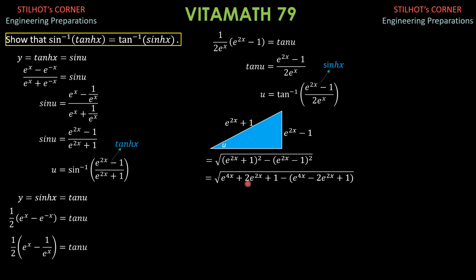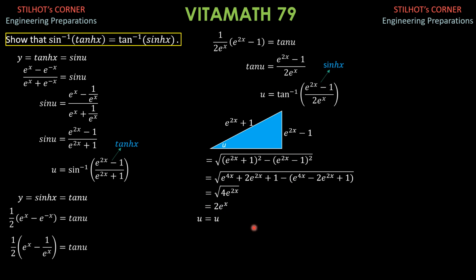We can only combine 2e to the 2x, and negative of negative 2e to the 2x is positive 2e to the 2x, so therefore this reduces to square root of 4e to the 2x. Square root of 4e to the 2x, of course, is 2e to the x. And therefore, we showed that this side is really 2e to the x. So that tangent of u is really e to the 2x minus 1 over 2e to the x.